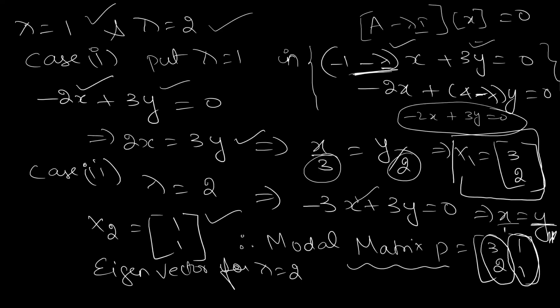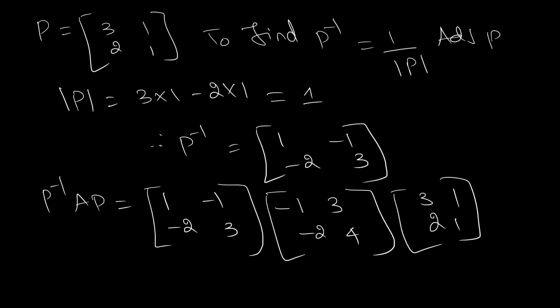So now by using this modal matrix, how to find the diagonal matrix? Let's see. We got this modal matrix P. We wrote the first eigenvector here and then the second eigenvector here. Now we have to find P inverse. What is the formula for P inverse? 1 by determinant of P into adjoint of P. Normally for a 2 cross 2 matrix adjoint, no need to take much tension.